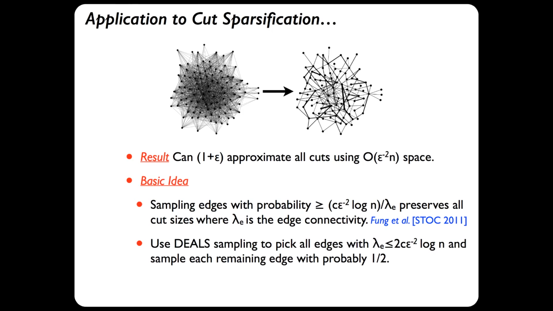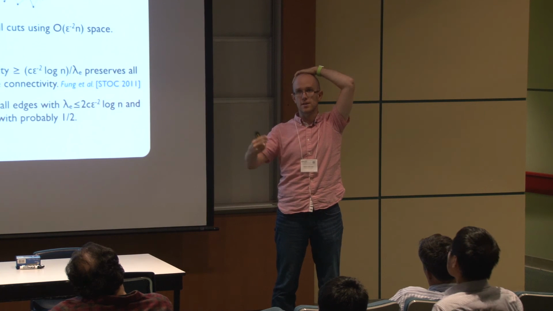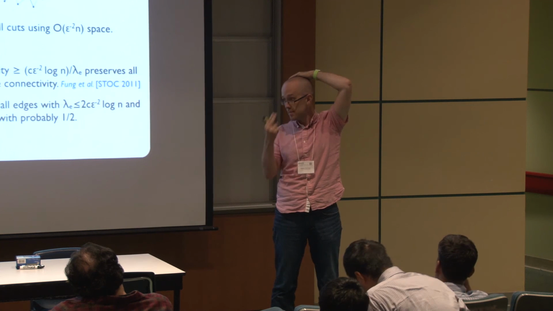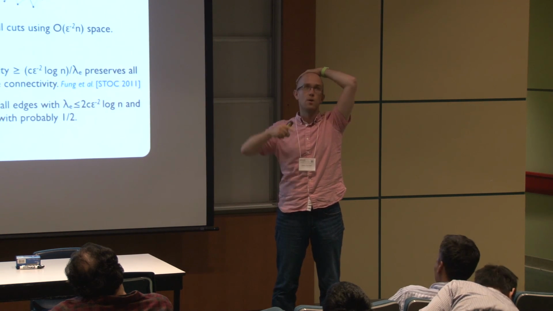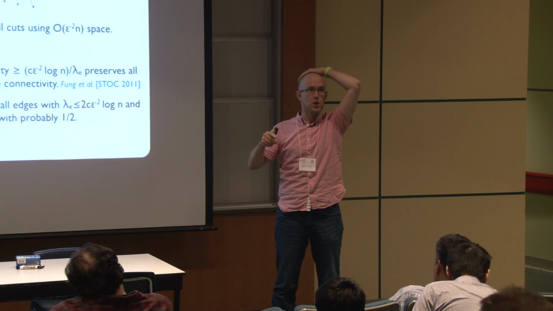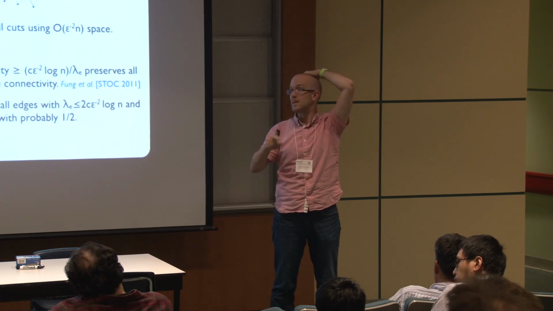And so one way you can implement this idea in the data stream model is as follows. You can use L0 samples. I said there's two immediate applications of L0 sampling. One of which was to construct a spanning forest, and the other one was to find all edges with low edge connectivity, with small lambda_e.